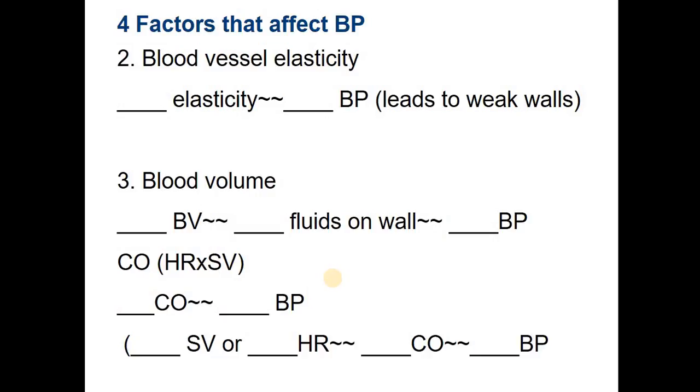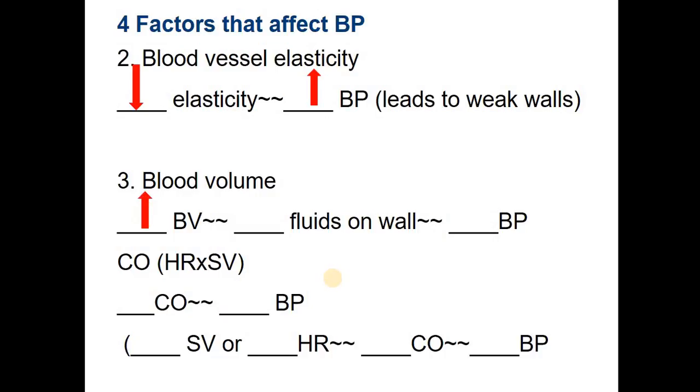Factors that can affect blood pressure also include blood vessel elasticity. If you decrease the elasticity of a vessel, this will lead to increasing the blood pressure. If you decrease the ability to stretch, the pressure will increase and make the walls weaker and weaker, and this weakening of the walls will cause an increase in the blood pressure.